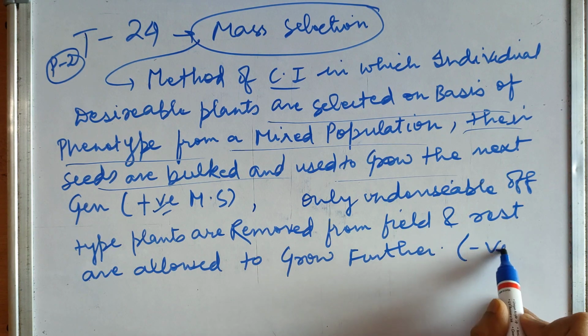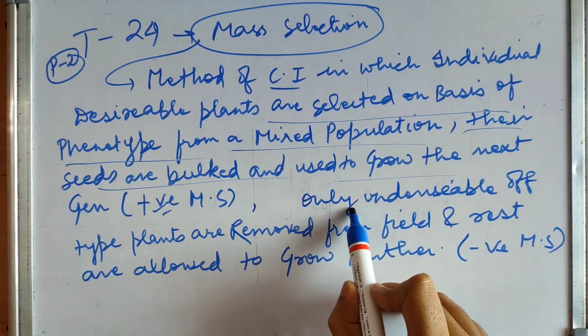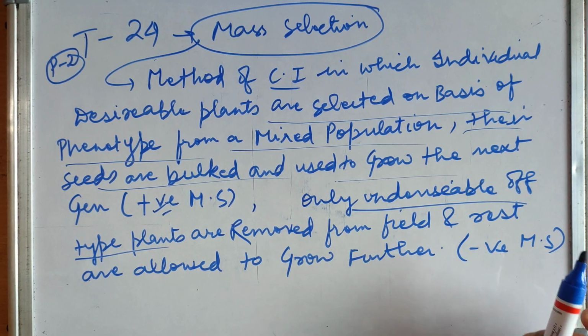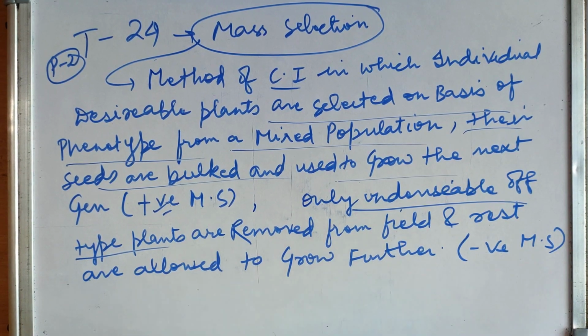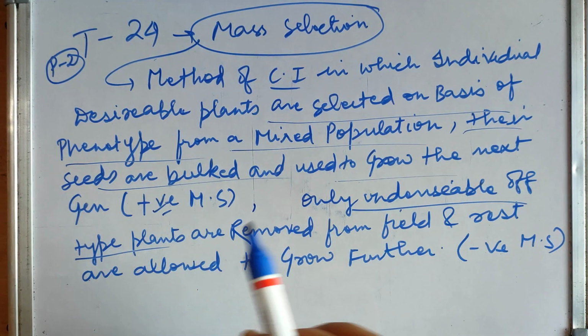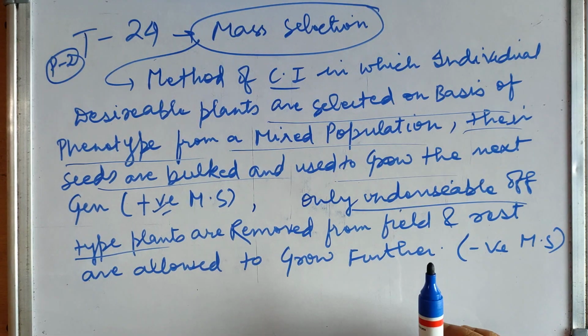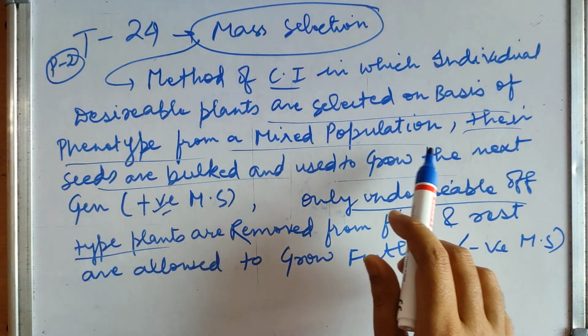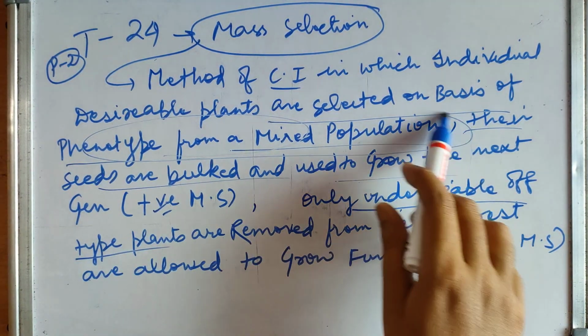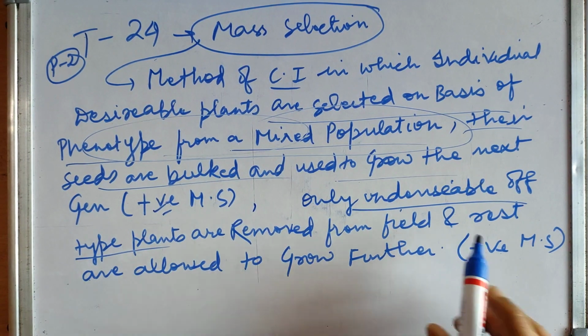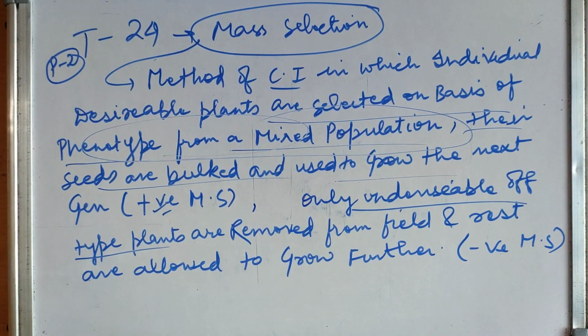This is negative mass selection, because here we remove undesirable off-types, but in positive mass selection we get a good variety through selection from a mixed population, selecting the superior types. So this was all about mass selection.